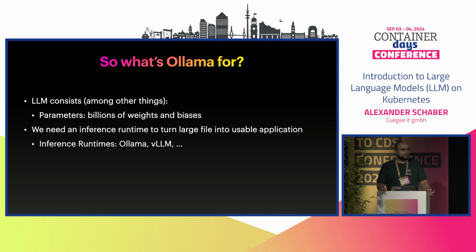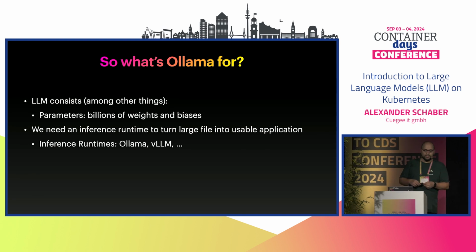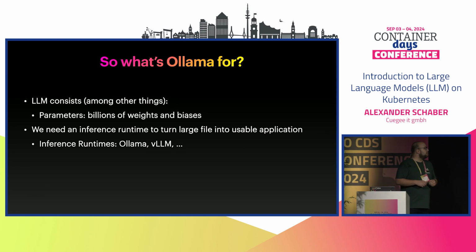I kind of need a runtime to be able to actually load it and interact with it. There are different inference runtimes that you can use, and that basically turns the large language model I downloaded into more accessible data. For example, there are 2 inference runtimes which are quite well known. Those are, for instance, Ollama and vLLM.